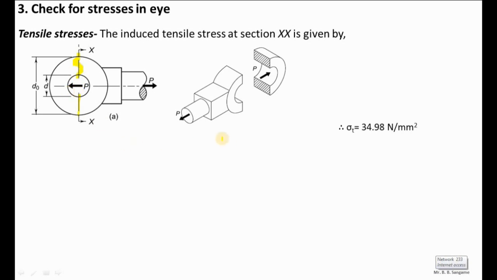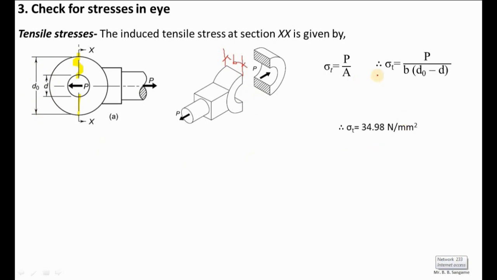The formula is sigma T equals P by A, the actual induced tensile stress, and the area will be B, the thickness of the eye. Here this dimension is B, so this is the thickness of the eye, d is the inside diameter, and D0 is the outside diameter.